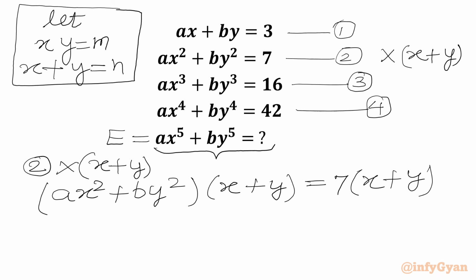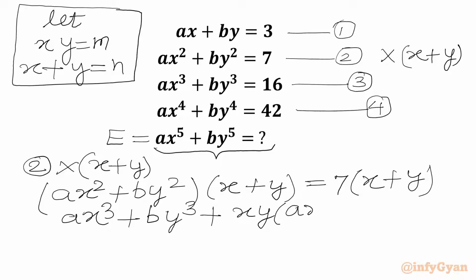Let's expand the LHS. Multiply both the brackets. We'll get ax³ + by³ + ax²y + bxy². So we'll take xy common. In the bracket we can write (ax + by) equal to 7 times (x + y).